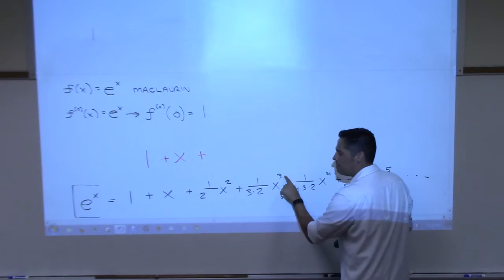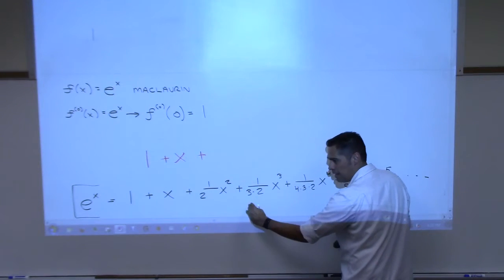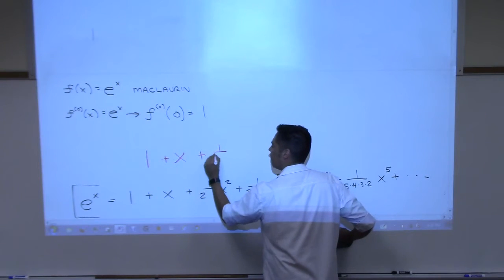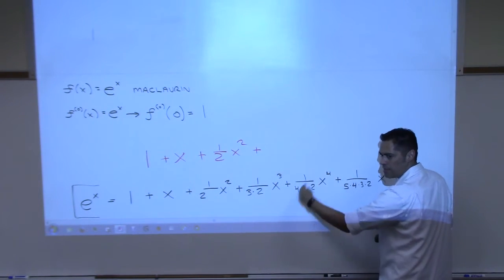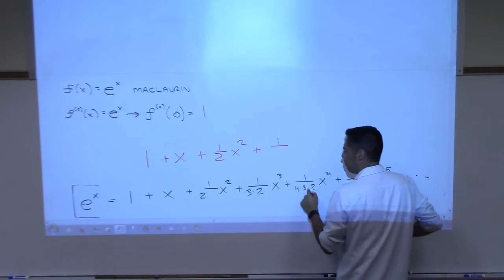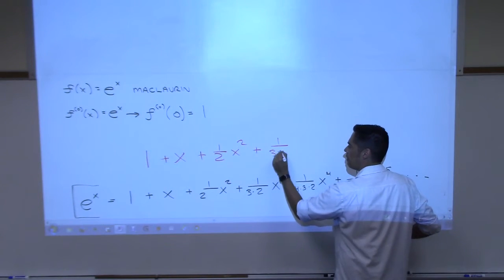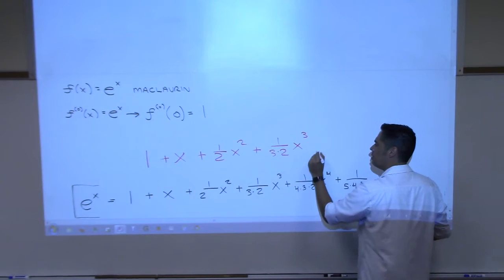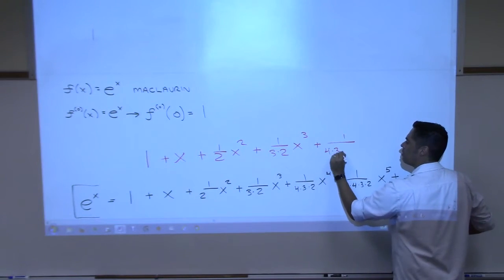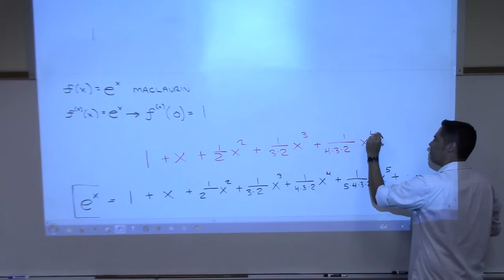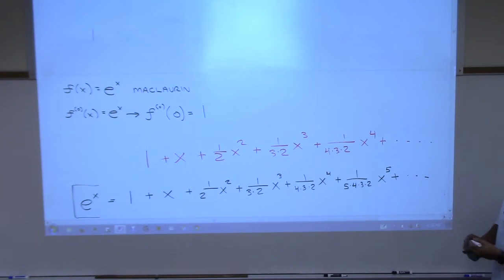Plus 3 comes out, 3 cancels, you're left with 1/2 x squared. Plus 4 comes out, 4's cancel, 1 over 3 times 2, x cubed. Next one, 5 comes out, 1 over 4 times 3 times 2, x to the fourth plus, and those are the exact same things.